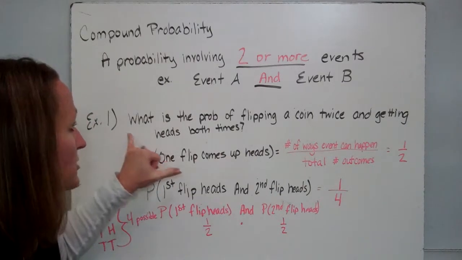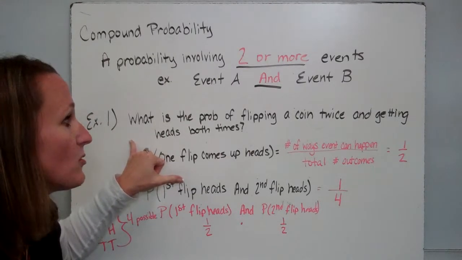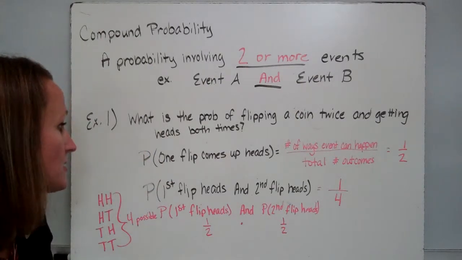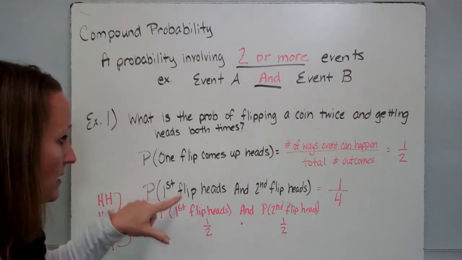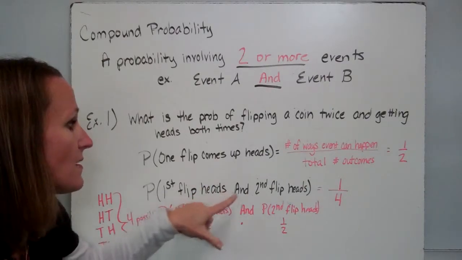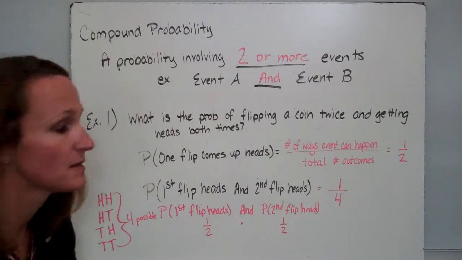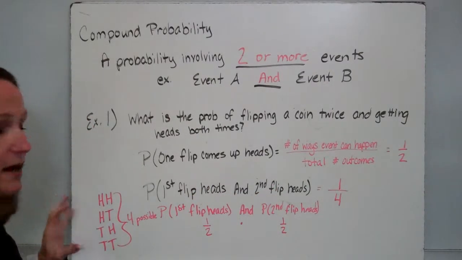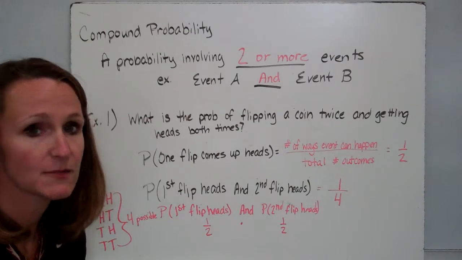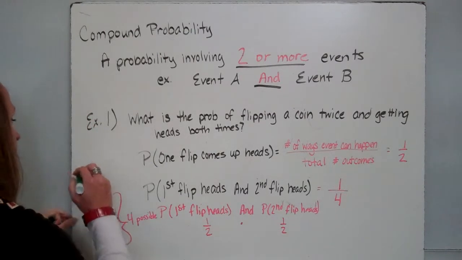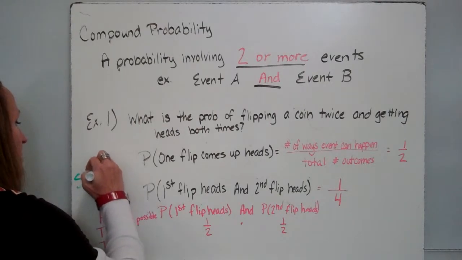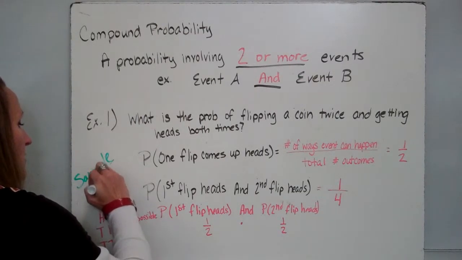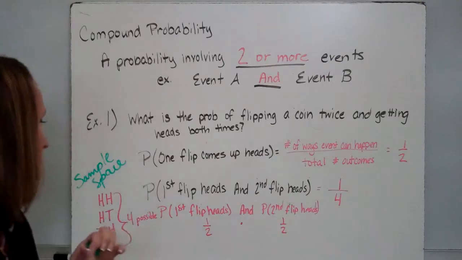So going back to our original question, the probability of flipping a coin twice and getting heads both times. That means we need the probability of the first flip being heads and the probability of the second flip being heads. So if we draw out all of our different ways, we call this the sample space. It would look like this.